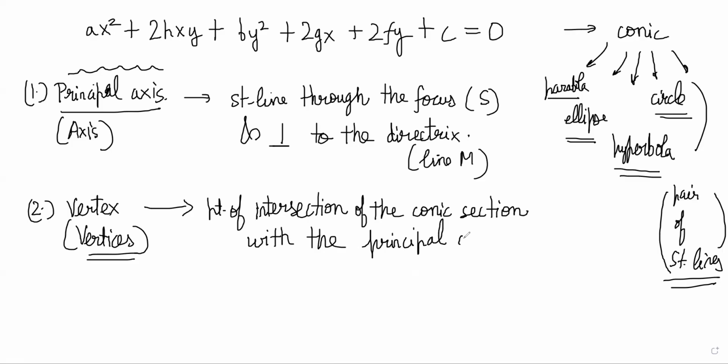So what is the vertex of a conic? The point of intersection of the conic section and the principal axis is known as the vertex of a conic.